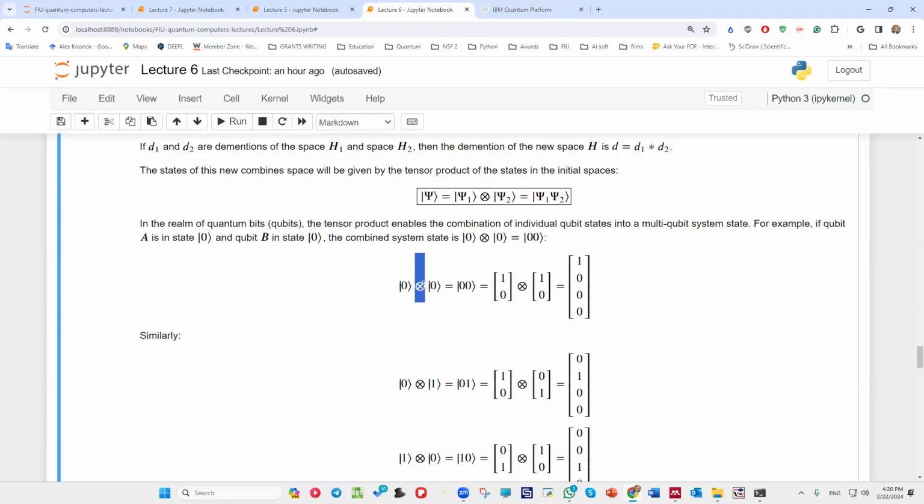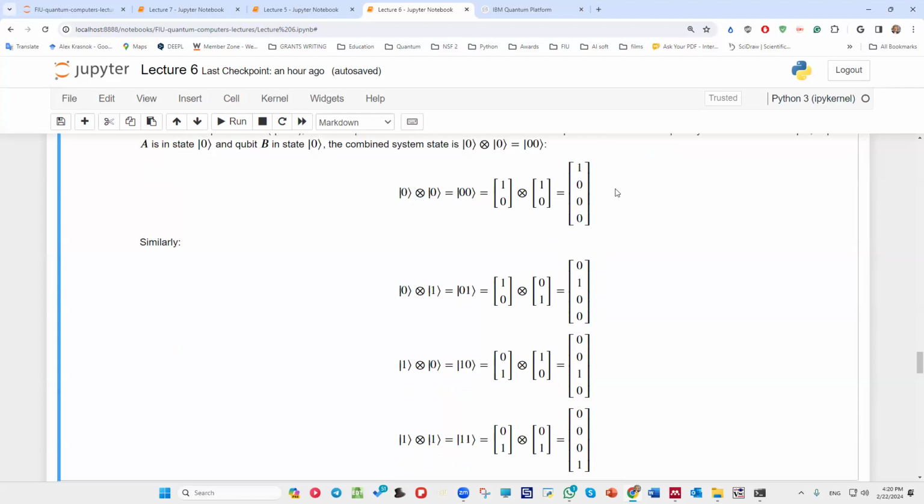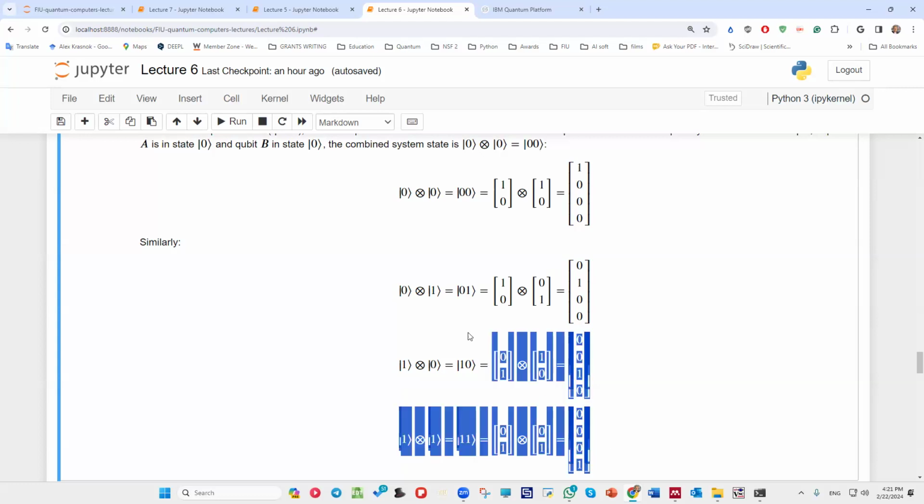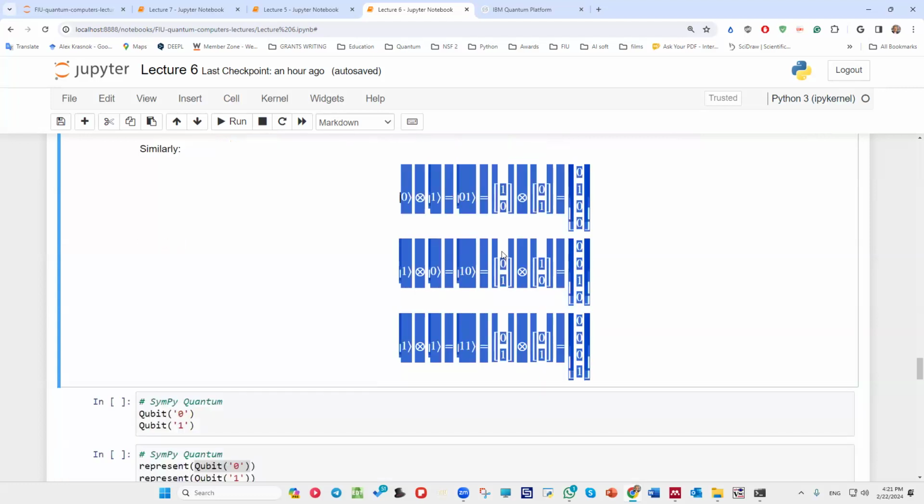So we basically just omit the tensor product operation. In explicit matrix form, this is given like this, and the result of this product is this vector here. Similarly for all other states of a system of two qubits, represented here, right?